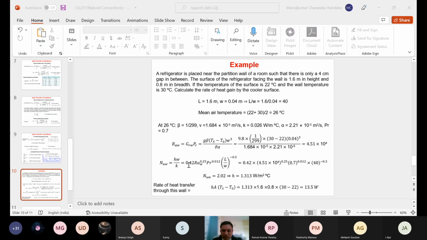Let me just check. See, this March 12 Saturday will work as per Monday timetable. Got the point? So they will schedule it on some Saturday later on. So it is better to get it done on Monday itself.